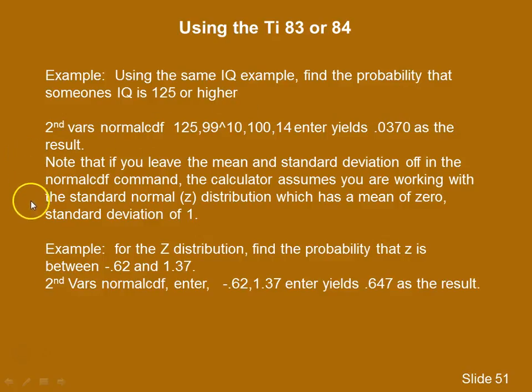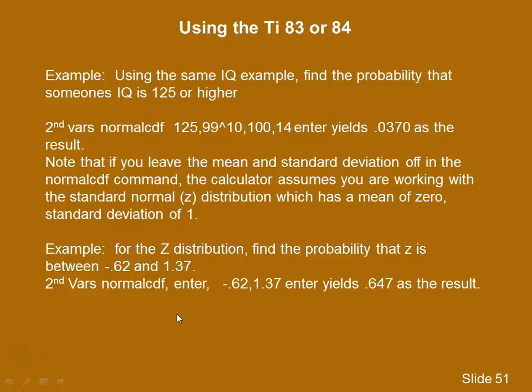One other note. If you wanted to solve probability problems concerning the standard normal distribution itself, which has a mean of 0, standard deviation of 1, if you simply leave the mean and standard deviation off in the normal CDF command, the calculator assumes that you're working with the standard normal. As an example down here, for the z distribution, find the probability that z is between minus 0.62 and 1.37.